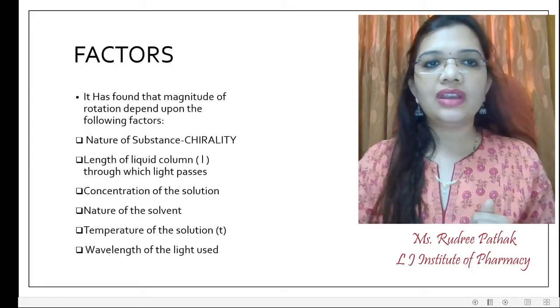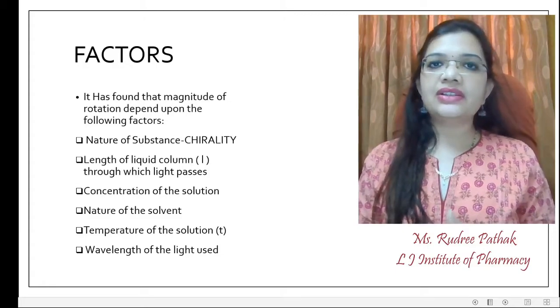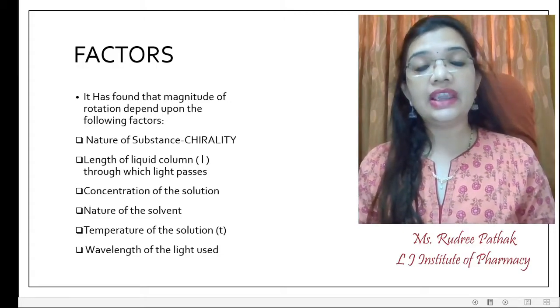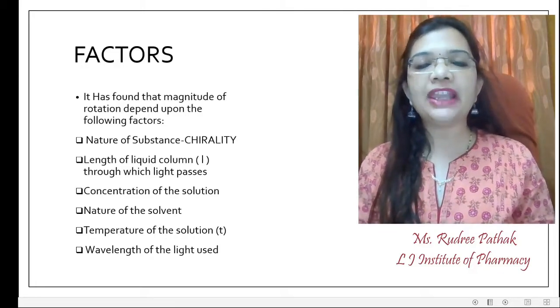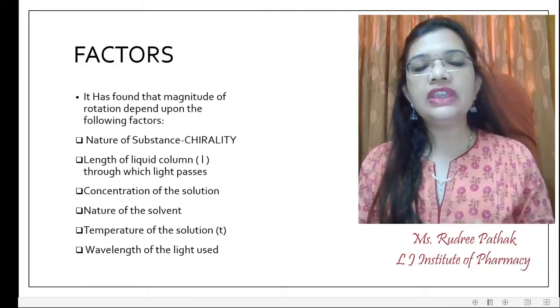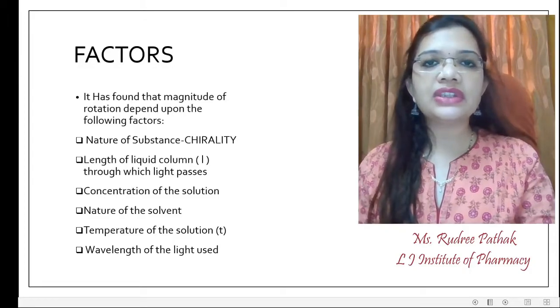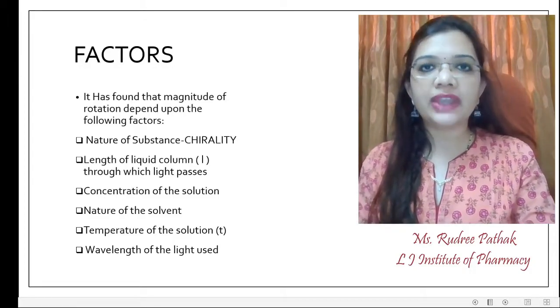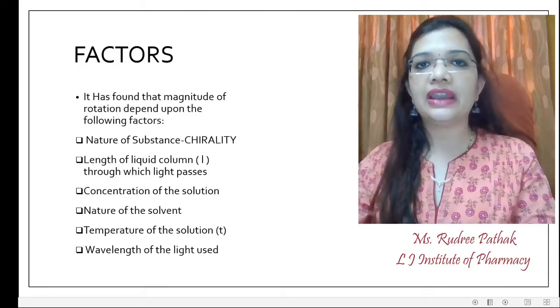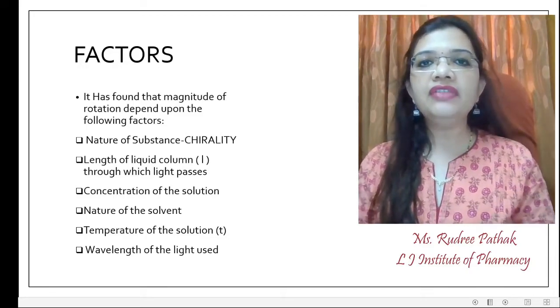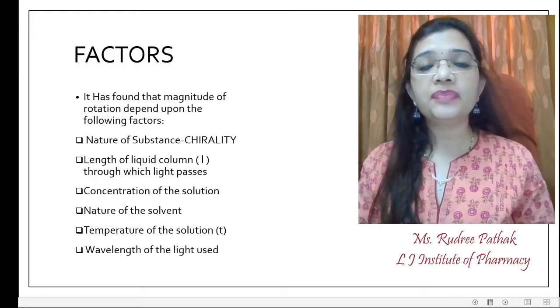saccharimetry. Now, what are the factors that are going to affect the optically active compound's rotation of plane polarized light? Or we can say, what are the factors which are ultimately going to affect the readings that we are going to observe at the part of the analyzer? As you can see, we have listed all the factors over here.